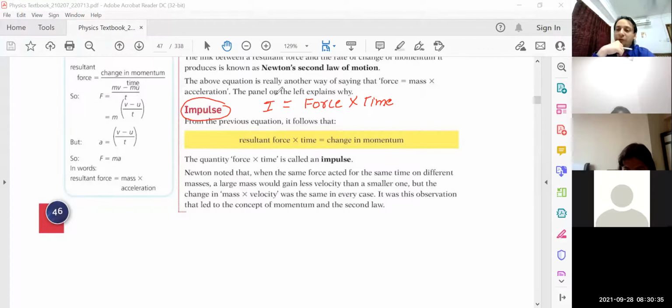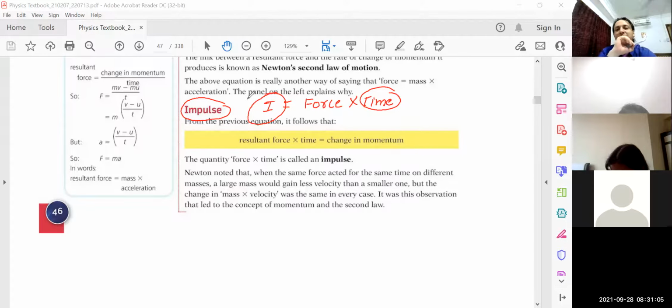When a force acts on any object, the impact of the force on the object remains for a very, very short duration of time. Here this t, this time, is very, very low, very less time. When a force acts on any object for a very short interval of time, then we are dealing with impulsive forces.